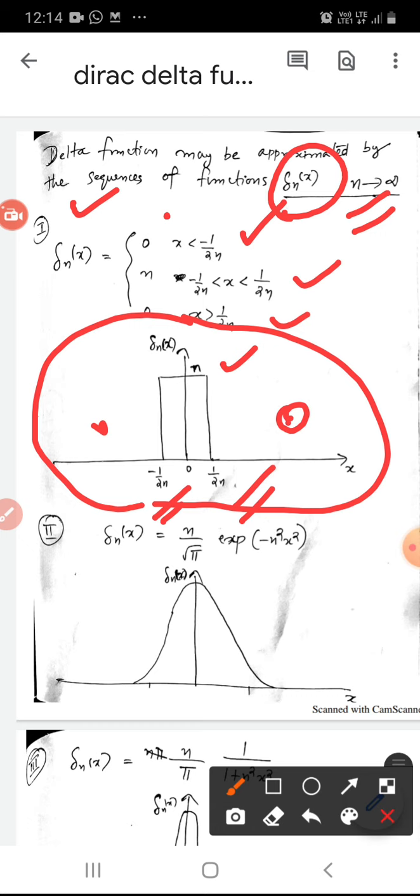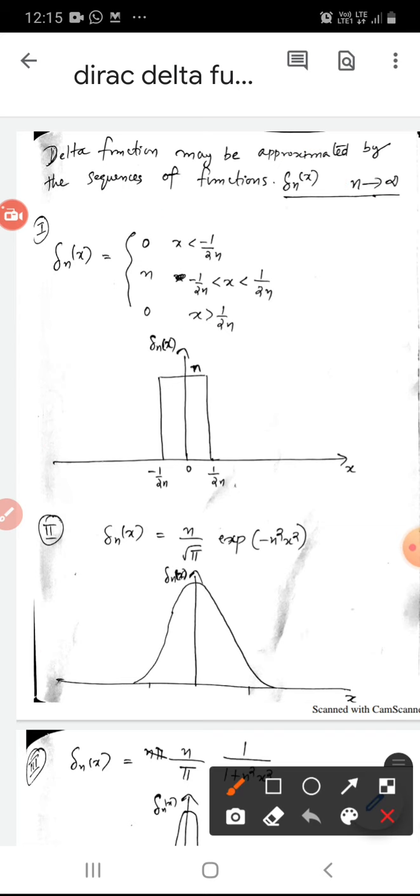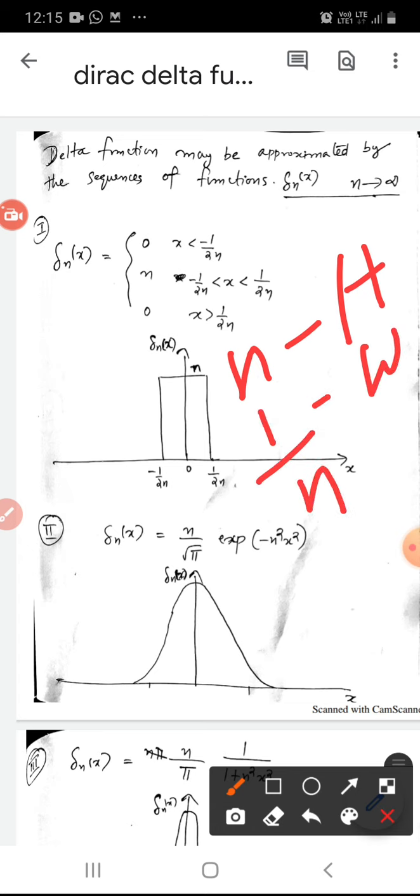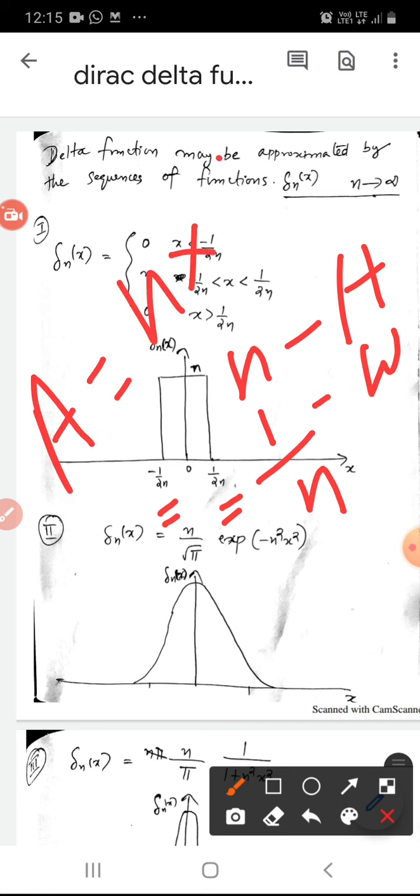The height of this function is n, and the width is 1 by n, from minus 1 by 2n to plus 1 by 2n. So the area is n into 1 by n, which is equal to 1. So the area of this rectangular portion is 1.